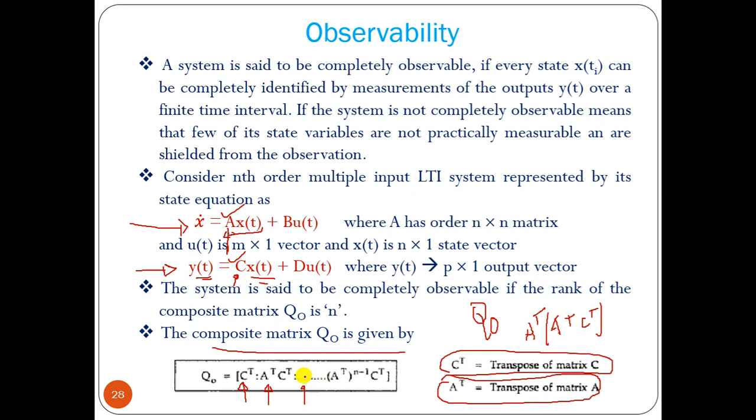In the controllability matrix we have B, AB, A square B, A cube B, like that way. Here it is with respect to transpose of C and A matrix: C^T, A^T C^T, (A^T)^2 C^T, (A^T)^3 C^T, like that way. So here we have to find the transpose of the matrices A and C, then we have to perform.